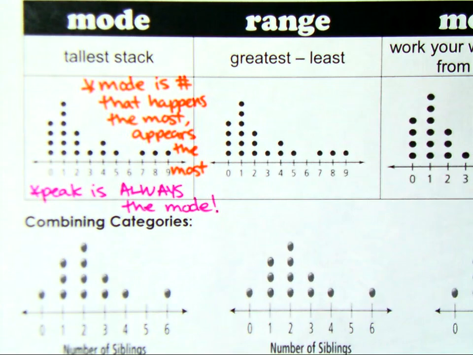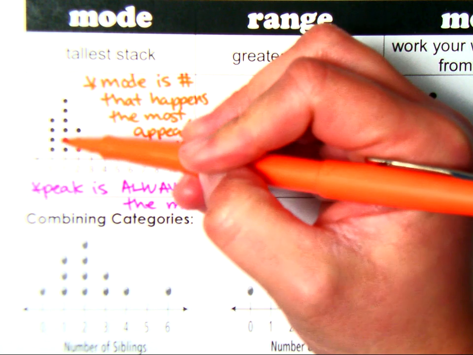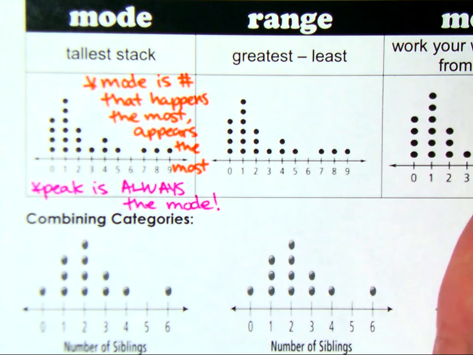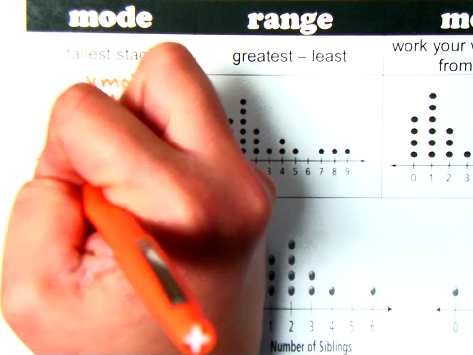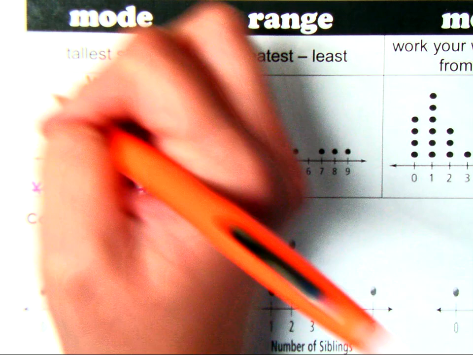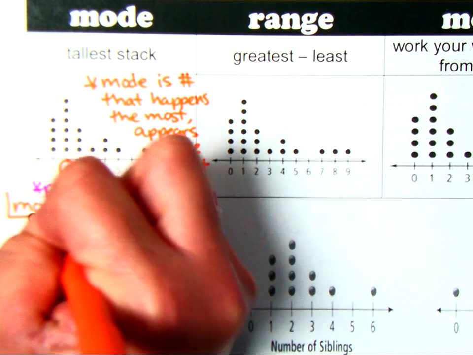That makes sense because if you were to list this 0, 0, 0, 0, 1, 1, 1, 1, 1, 1, 2, 2, 2, and so on, we could see that the 1 is what's happening the most. So the mode in this example is equal to 1.